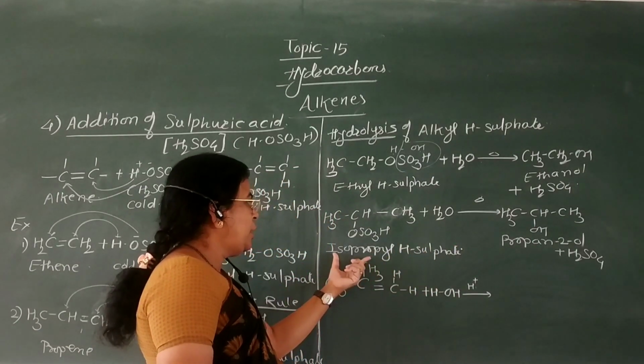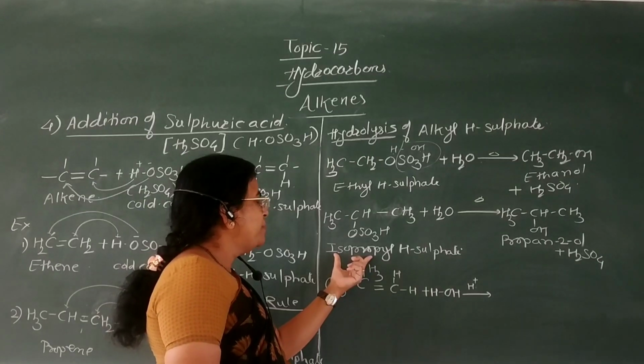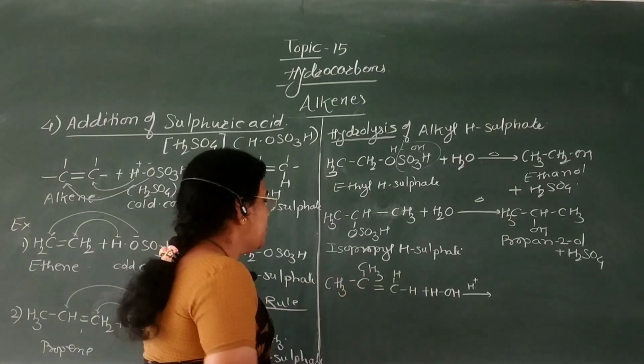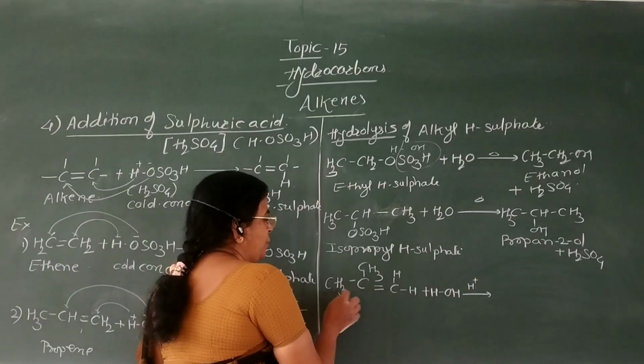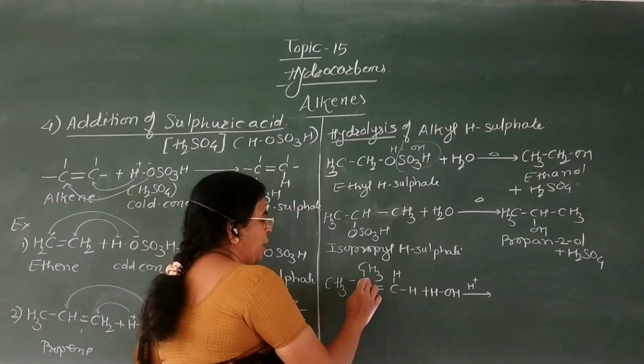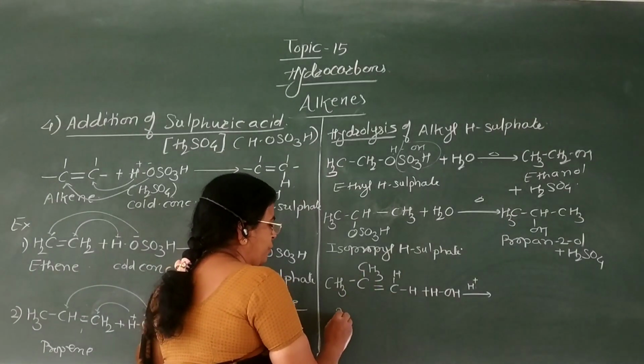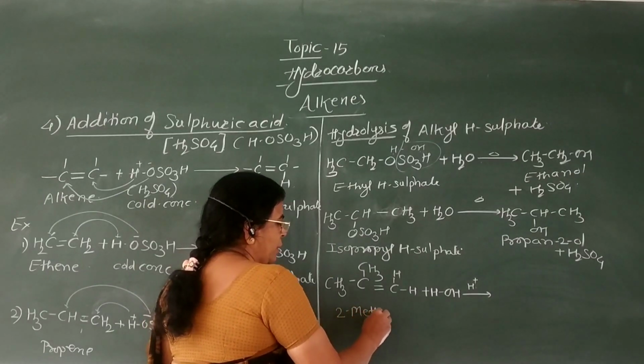Now we are going to see the next example, this one. This is 1, 2, 3, it is propene. At 2 position there is a methyl group, therefore it is 2-methylpropene.